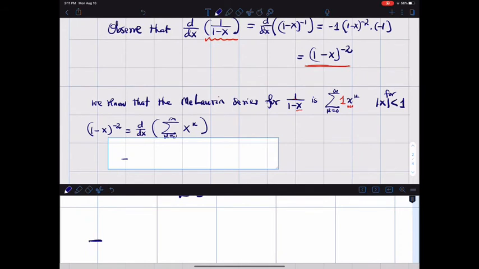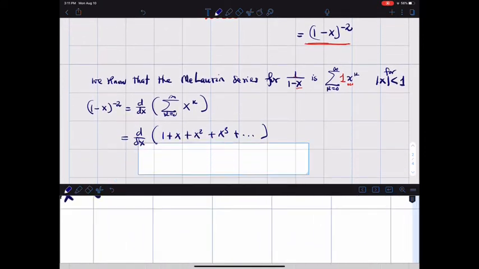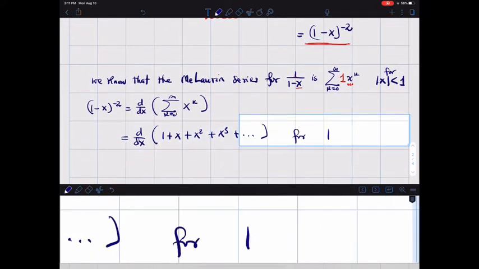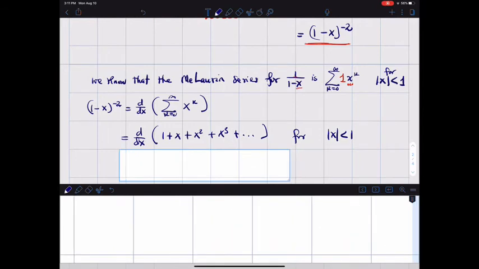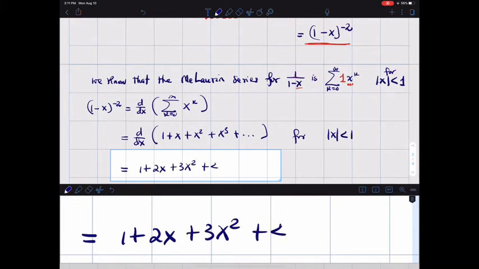So it's going to be the derivative d dx of 1 plus x plus x squared plus x cubed and so forth, for absolute value of x less than 1, and this is going to be 1 plus 2x plus 3x squared plus 4x cubed and so forth.